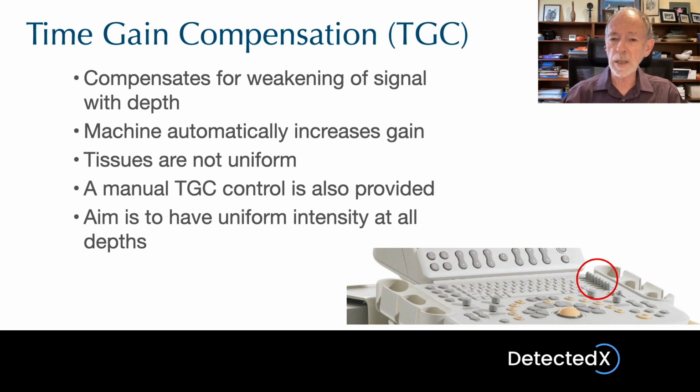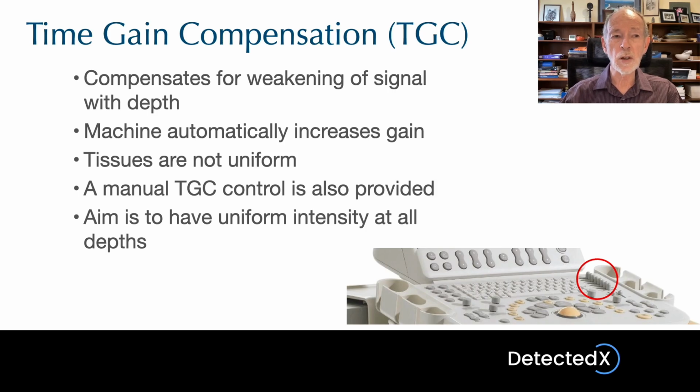The machine calculates the expected amount of attenuation, assuming that it has average soft tissue in the image. So the machine automatically increases the gain, that is the amount of amplification, microsecond by microsecond to compensate for average attenuation.